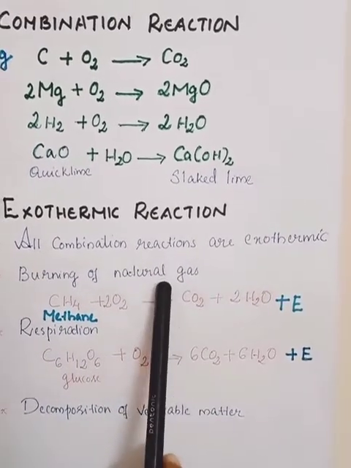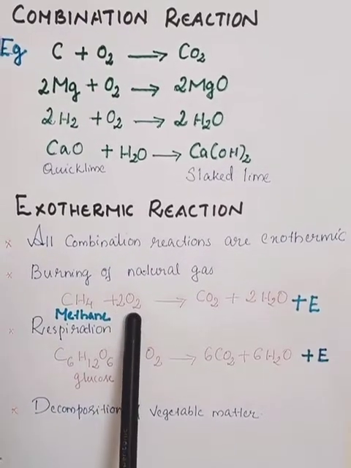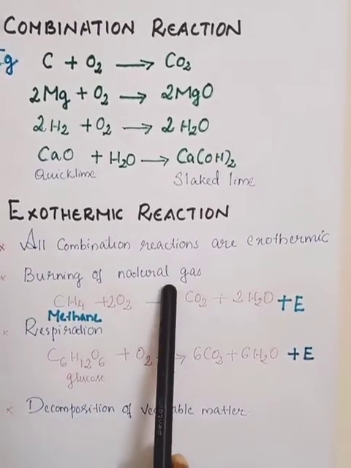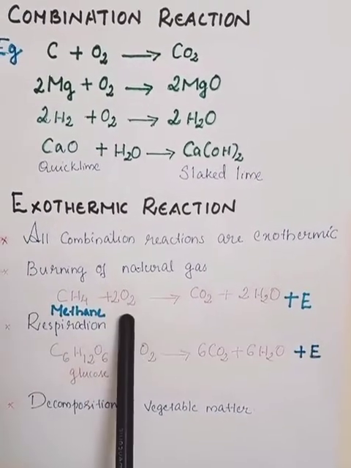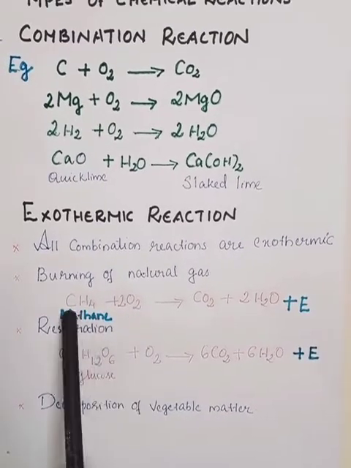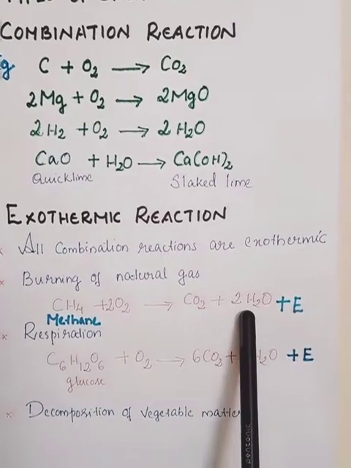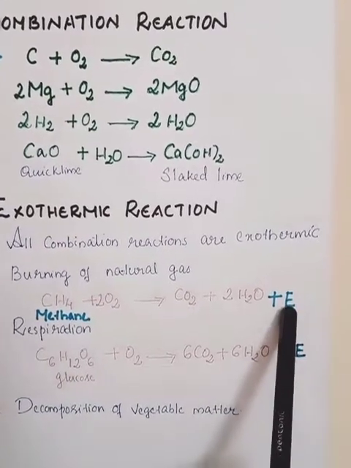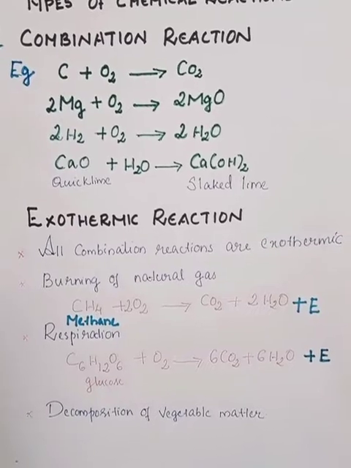When this natural gas is burnt, burning means reaction with oxygen. So burning of natural gas means methane reacts with oxygen. What products are formed? When it combines with oxygen, carbon dioxide and water vapor are formed. Along with that, energy in the form of heat will be liberated.